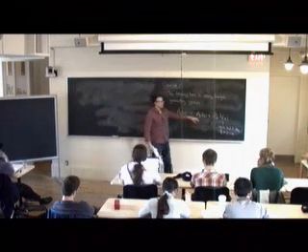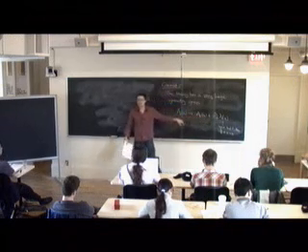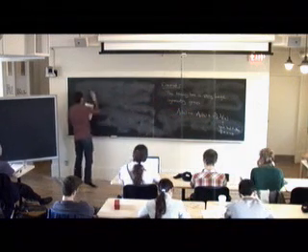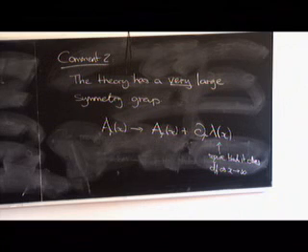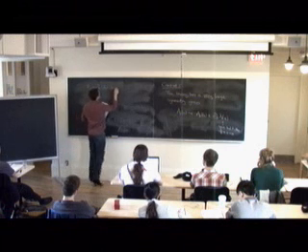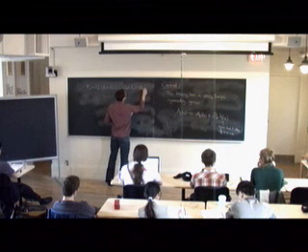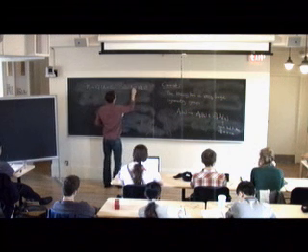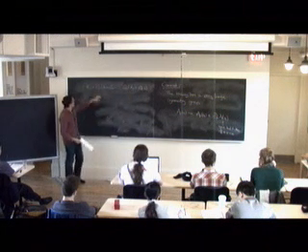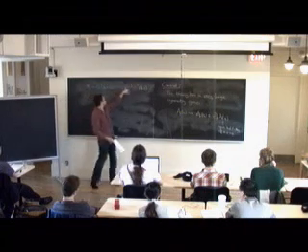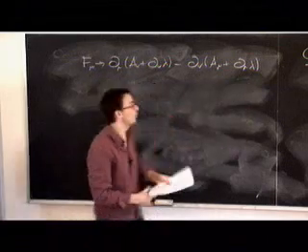Okay, so why is this a symmetry of the Lagrangian? Well, let's just plug it into F and see what happens. So the field strength changes in the following way, but you see the d mu d nu here cancels the ones with the derivatives the opposite way around there.